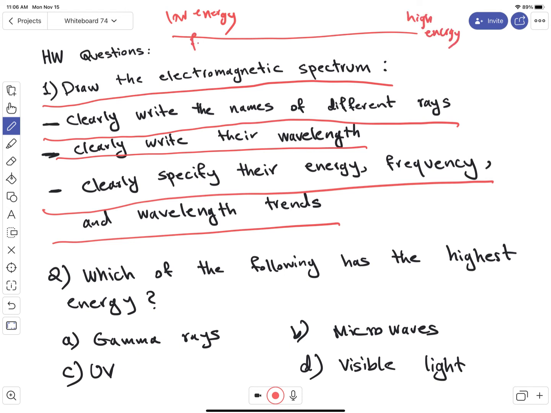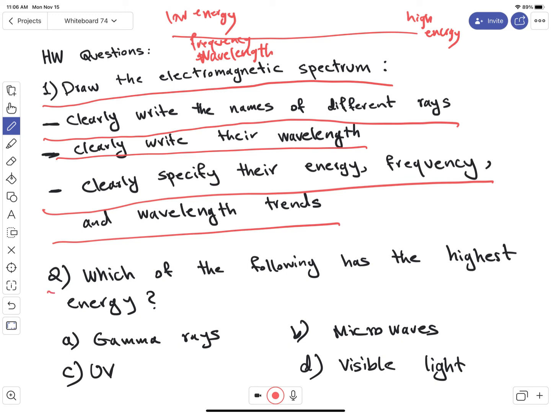And then the same thing with frequency, and the same thing with the wavelength. So specify which one has the highest wavelength and know their position. Does that make sense? Any question about this? The first question? Clear?